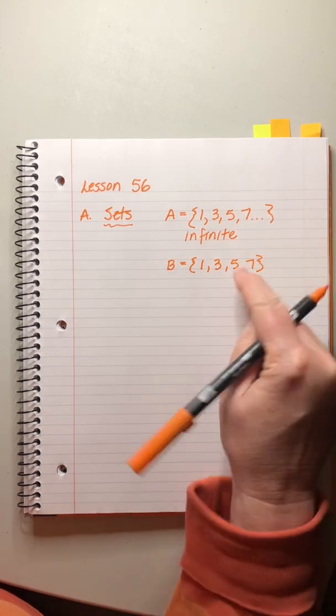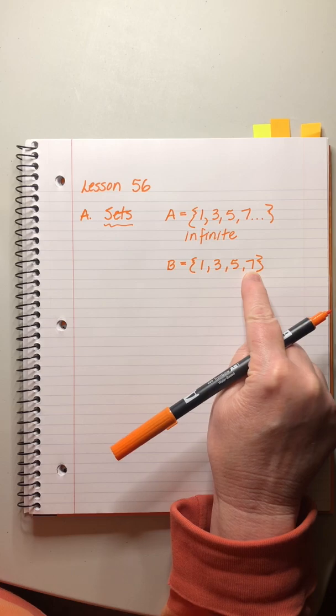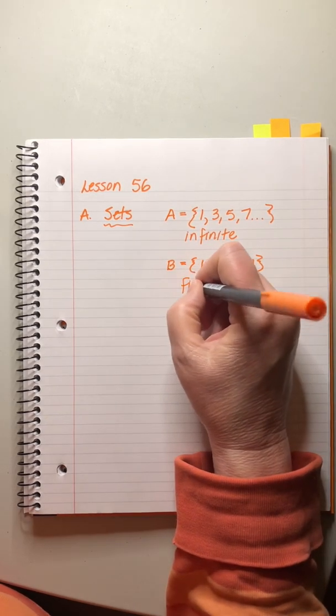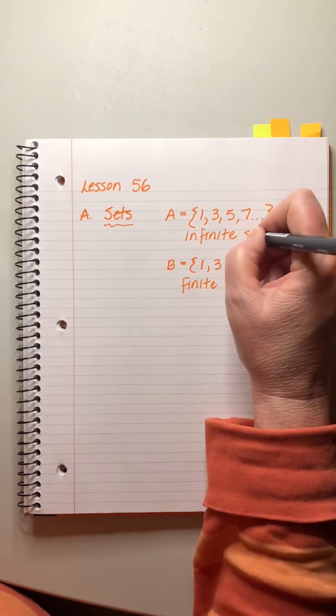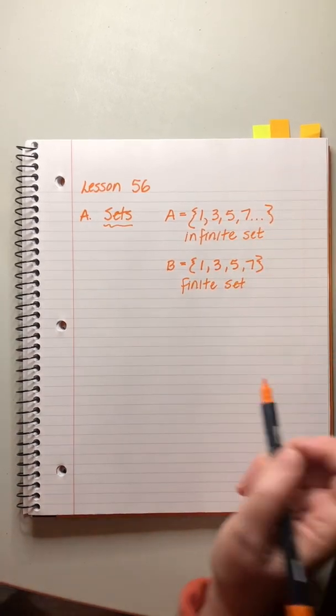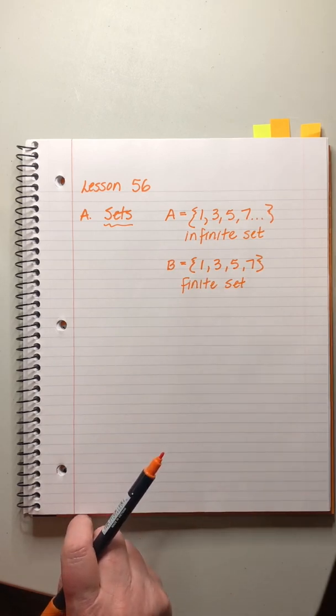In this case, I don't want a dot, dot, dot, because I only want the first 4. So this is the complete set, and this is called a finite set. It ends. Okay? So I want you to be familiar with those words.